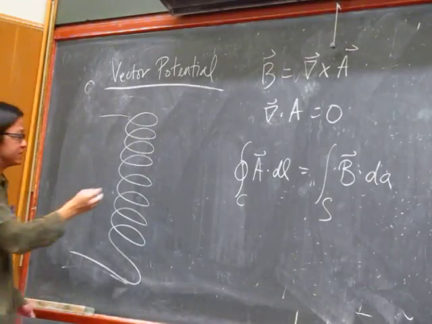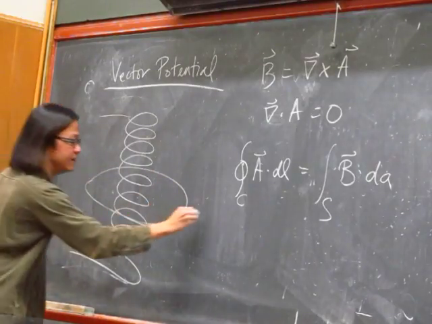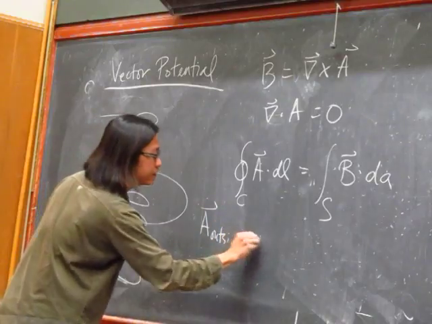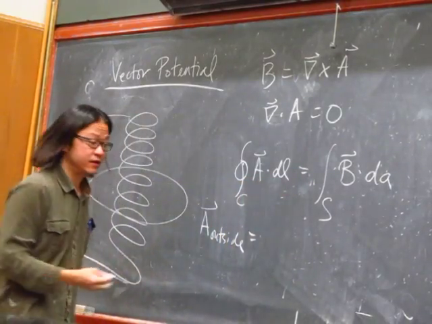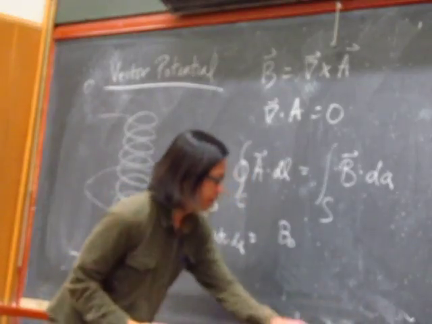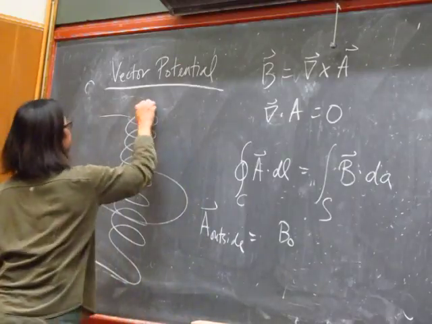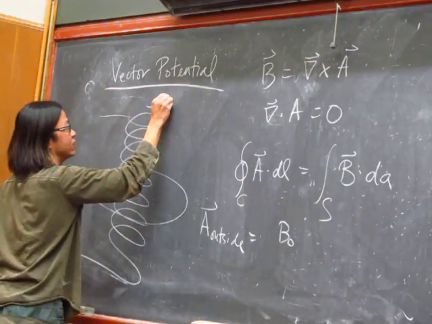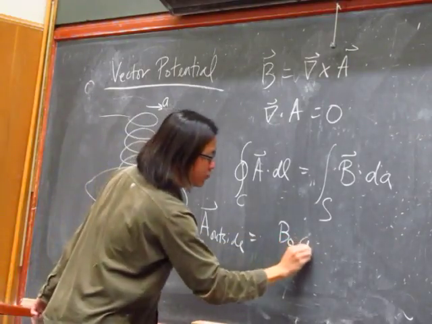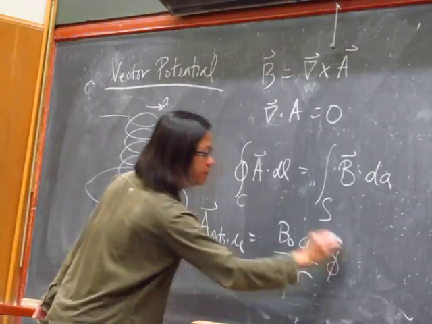We did this lecture and found that the vector potential outside, by just doing this integral, is equal to B naught a squared over 2R in the phi direction.